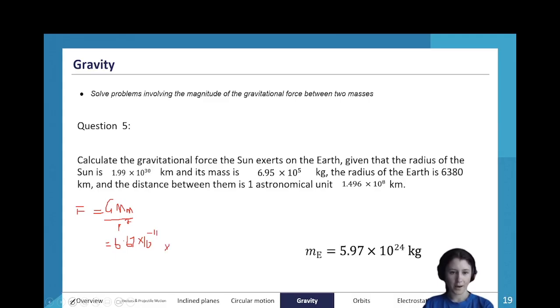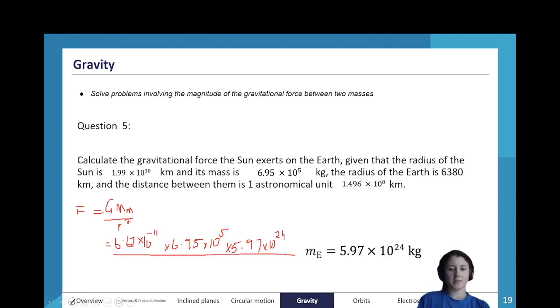Our two masses are 6.95 times 10 to the 5, and 5.97 times 10 to the 24.